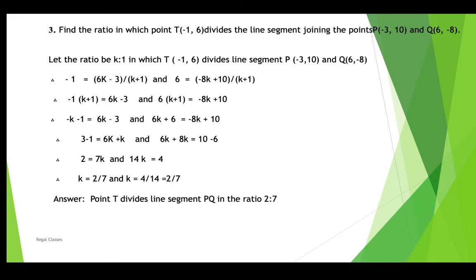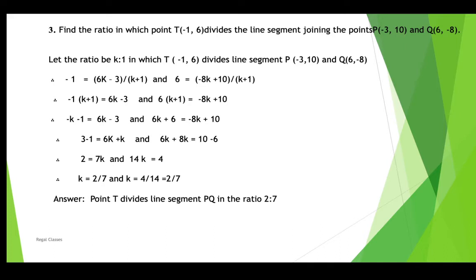Find the ratio in which point T(minus 1, 6) divides the line segment joining points P and Q. So let the ratio be k is to 1, in which T divides the segment joining PQ.